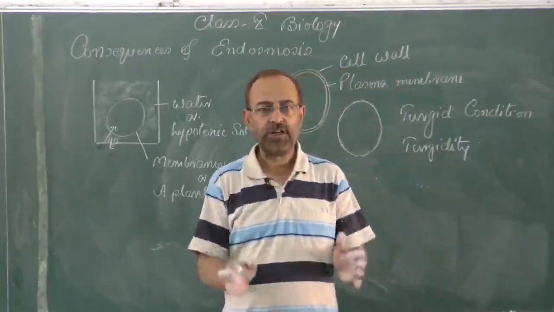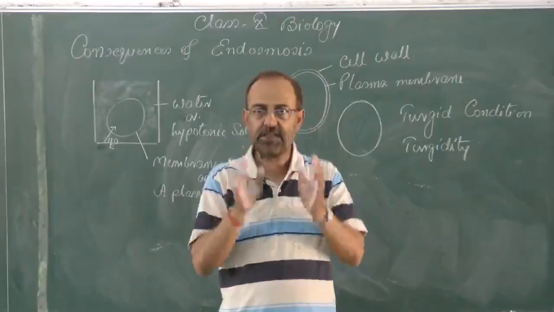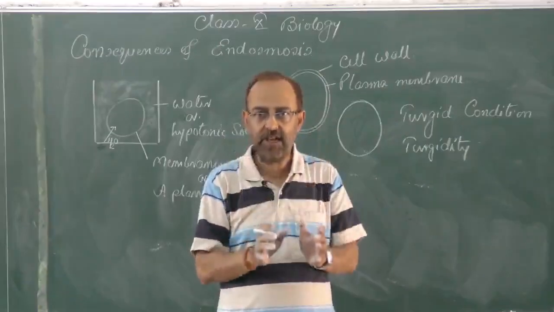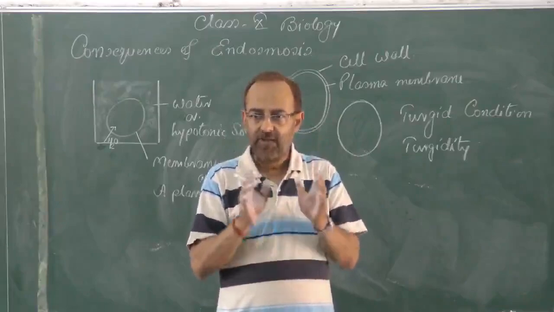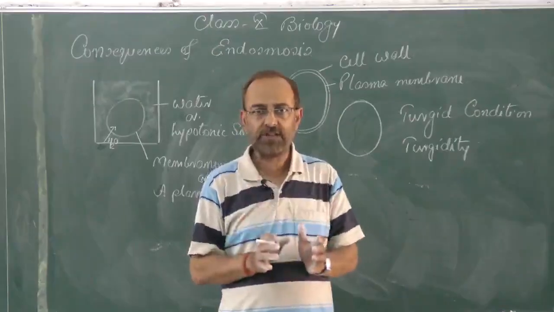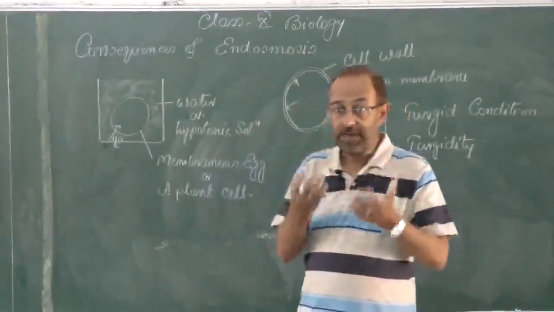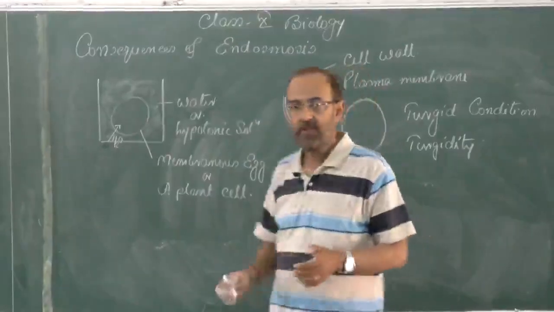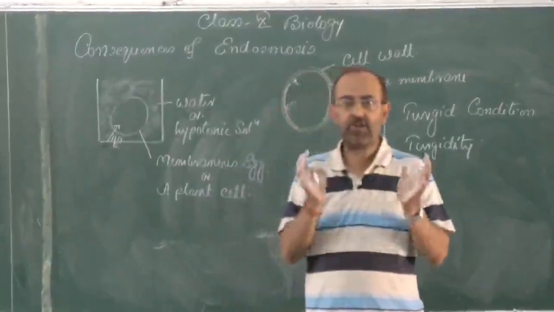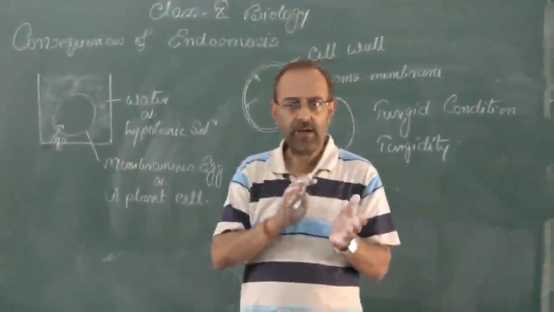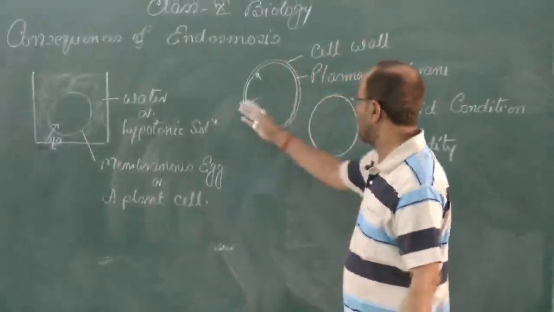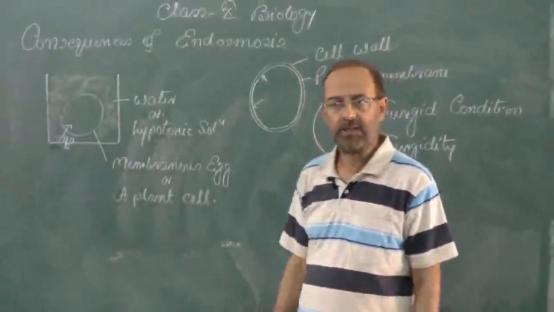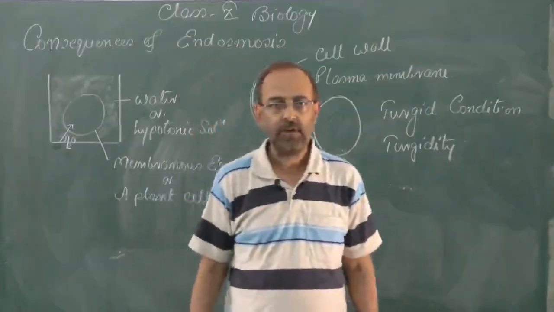Clear? So turgidity defines the state or condition of a cell when, after the process of endosmosis, due to increased volume of protoplasm and the stretched condition of the plasma membrane, no gap is left between cell wall and the plasma membrane.